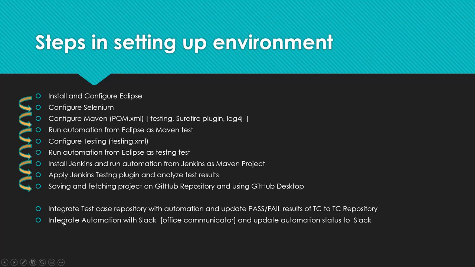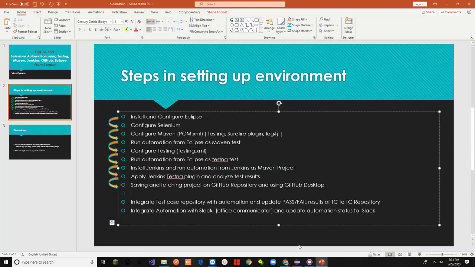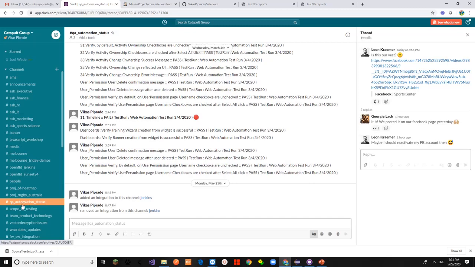One more important thing is that automation can be integrated with Slack or some kind of office communicator, and as soon as my automation is run, Slack can be updated with the status of the automation. I have done that, but I'm not covering this in this tutorial. Say for example I'm using Slack as my office communicator, and this is a channel in Slack called QA automation status.